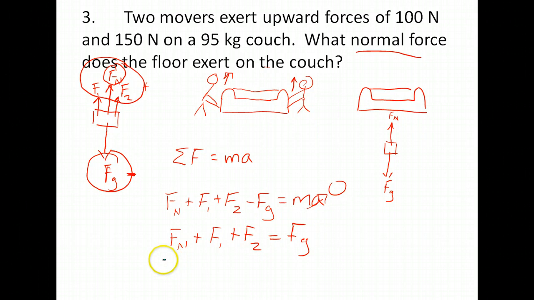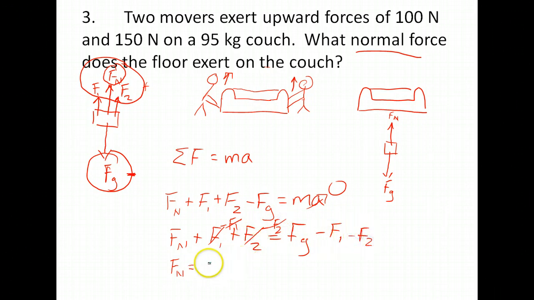All right, now that we've gotten this far, let's solve for the normal force. So we can say the normal force is going to be equal to something here. Well, we need to subtract out these forces from this side and move them over here to isolate normal force. Subtract F2. These two cancel out, so minus F2.